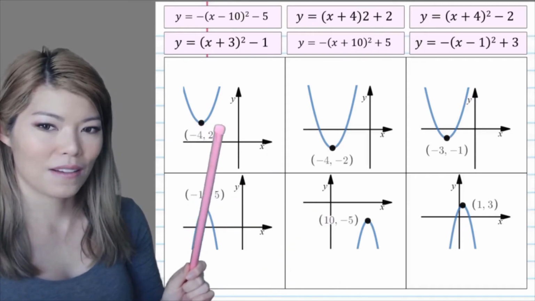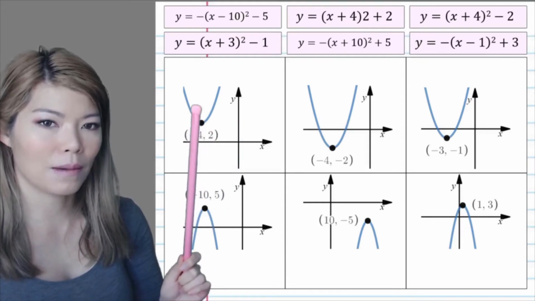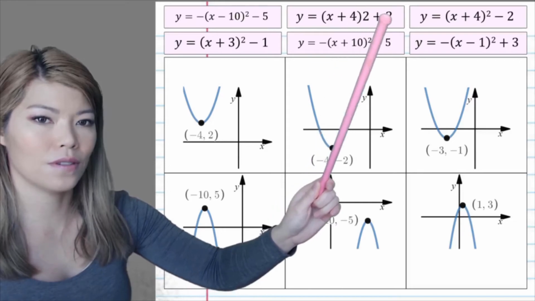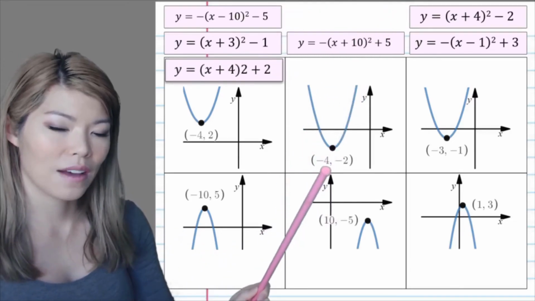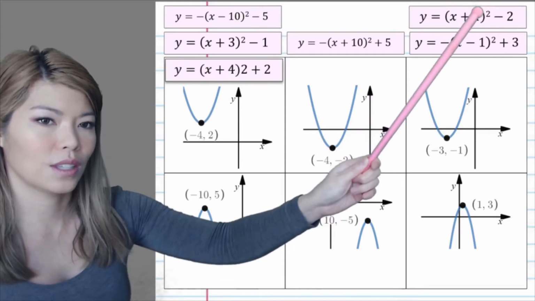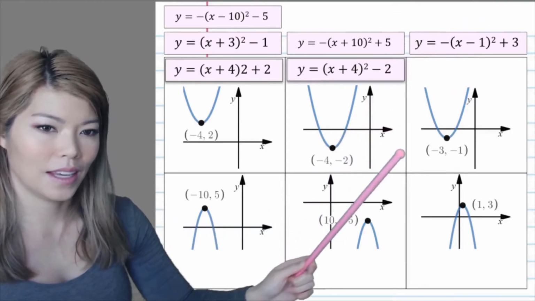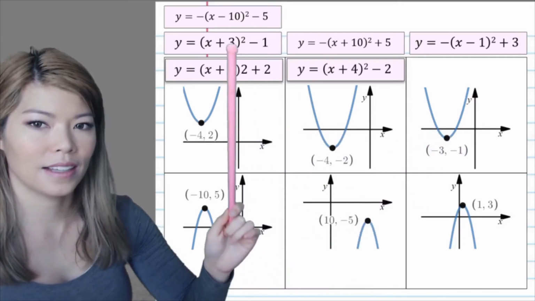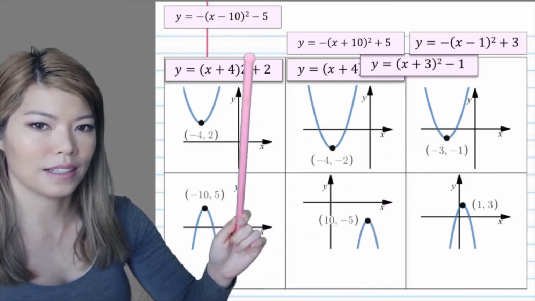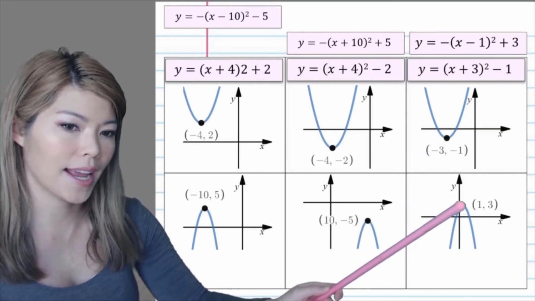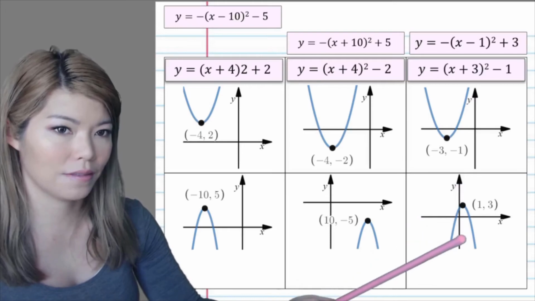Here we have a graph that's moved to the left by 4 and up 2. So when we look for it, it's that one there, left 4, up 2. Here we have a graph that's been moved to the left by 4 but down by 2. So it's that one there. Here we have moved to the left by 3 and down by 1. So left 3, down 1, that one there. And this one here has moved to the right 1 and up 3, and it's a negative graph.